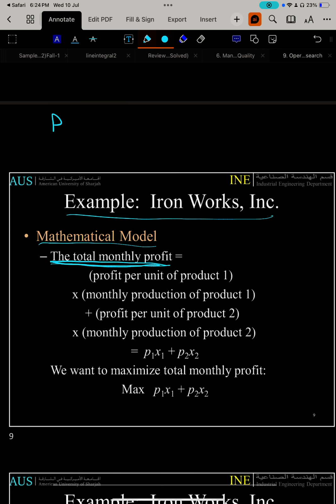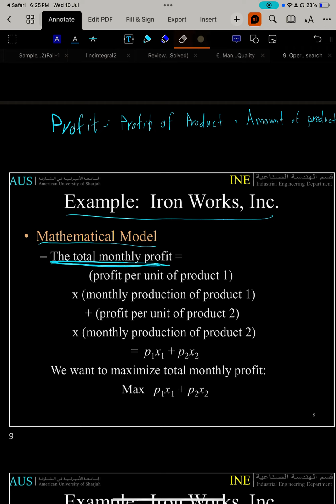Basically, profit is going to equal the profit of product 1 multiplied by the amount of product 1 produced. Okay, so this is product 1.